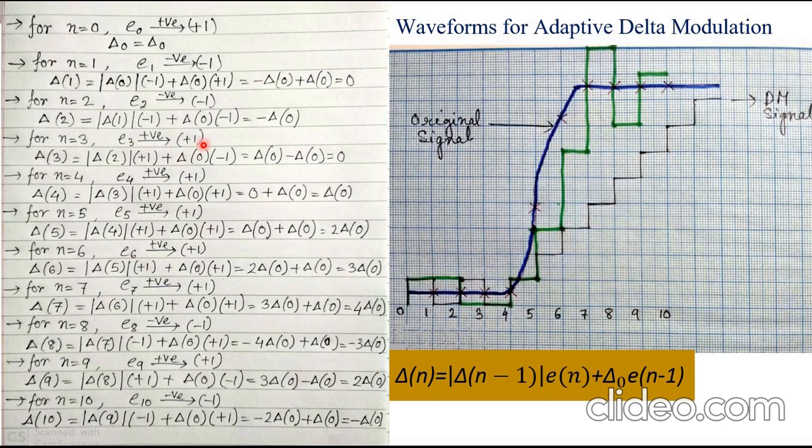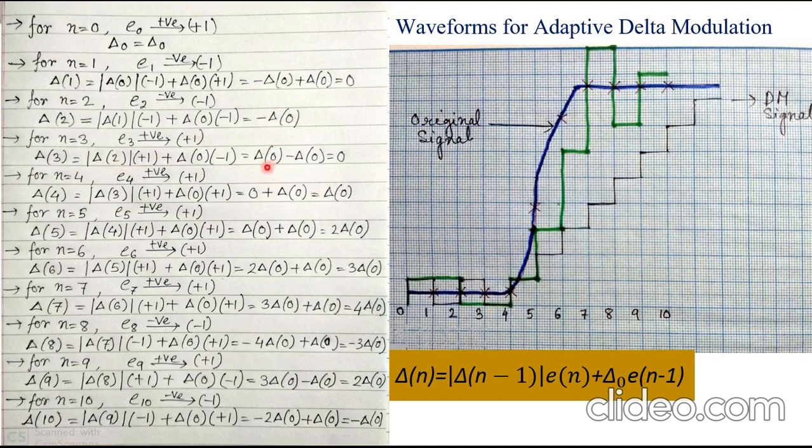So if we calculate delta 3, that is mod of delta n minus 1, meaning delta 2 previous value, into current error plus 1, plus delta 0 into previous error, that is minus 1. So delta 2 is minus delta 0, but mod of that will result in delta 0.